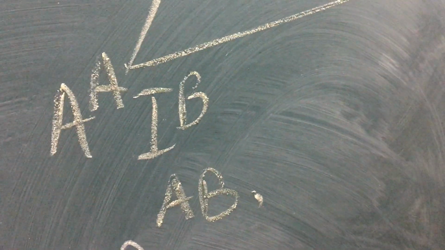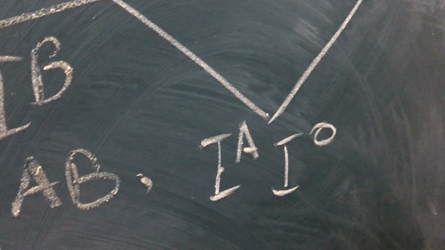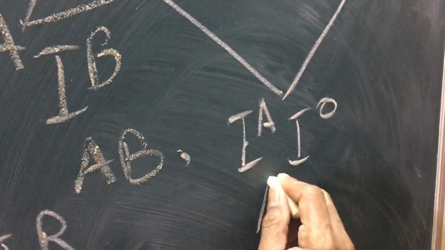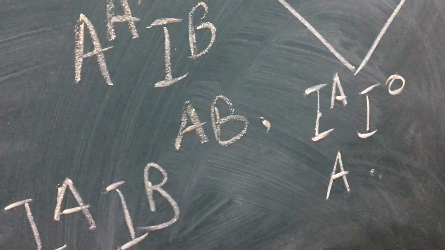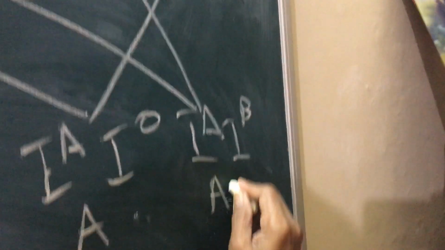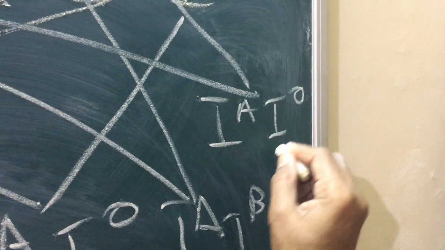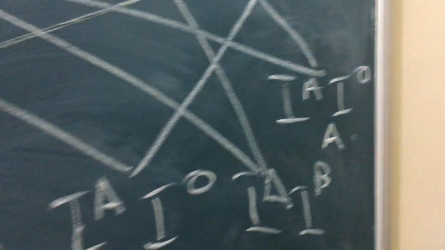I hope that you are understanding. Now this is IA I0, so which blood group is this? A blood group. Then here IA IB, again AB blood group, and here IA I0, so blood group is A, because on I0 there is no antigen.